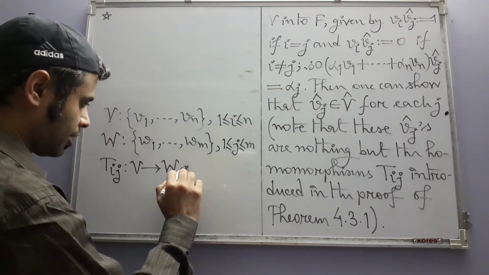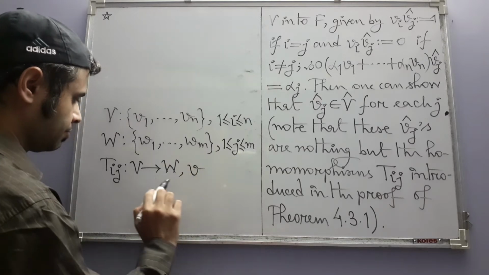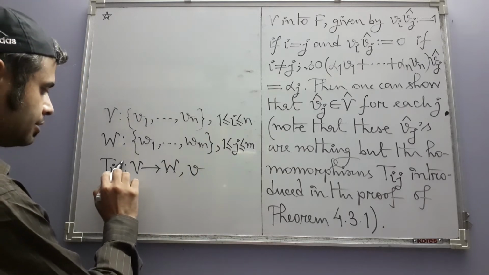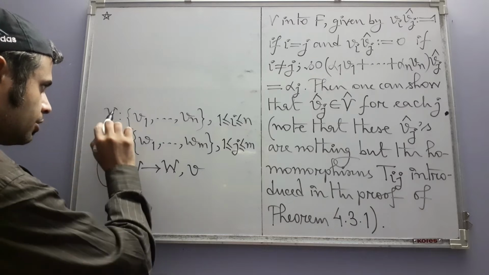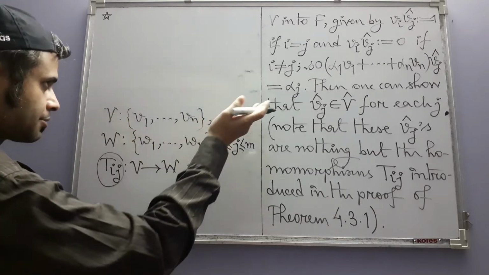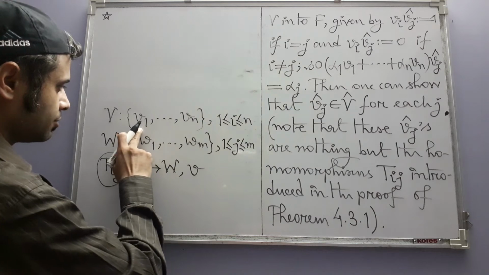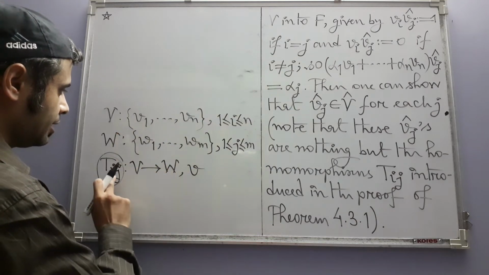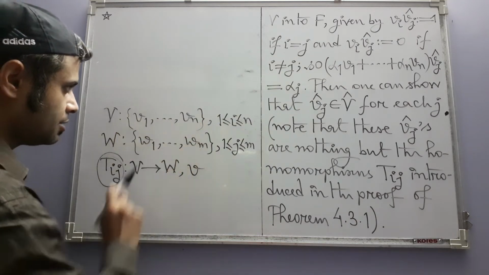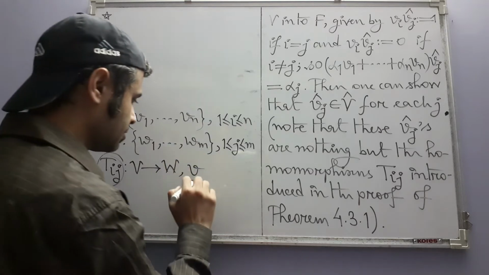If you apply Tij on any element of V, it's enough to only define what Tij does to each of these basis vectors.